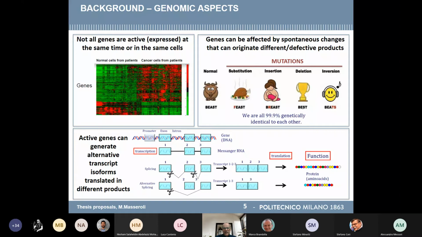First of all, although all the cells in a single individual have, at least originally, the same genome, not all the genes in all the cells are functioning at the same time, but some of them function depending on the activity that the single cell or tissue, subset of cells, needs to perform, also according to the needs of the organism and to the environment in which the organism is living.